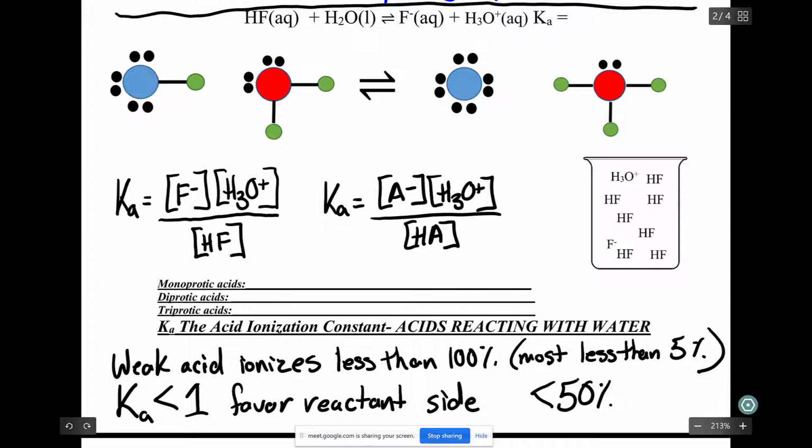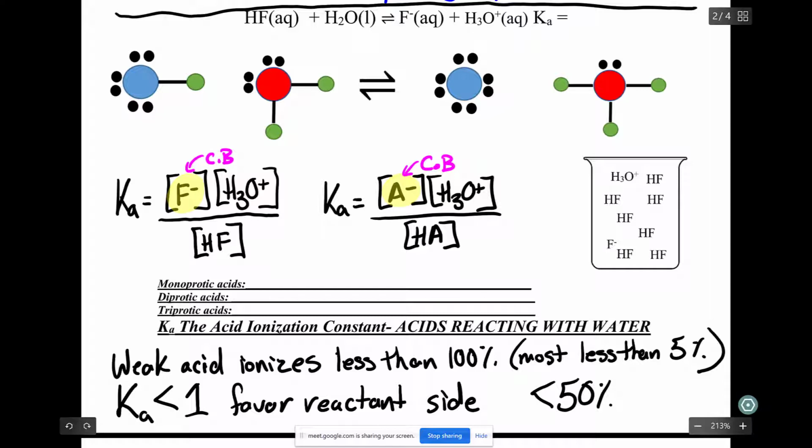The A minus represents the conjugate base or the anion that's formed when you react with water. It's just a generic monoprotic weak base, A minus. So this represents here a conjugate base. This is also a conjugate base, and I will show you where you can find those in just a moment.